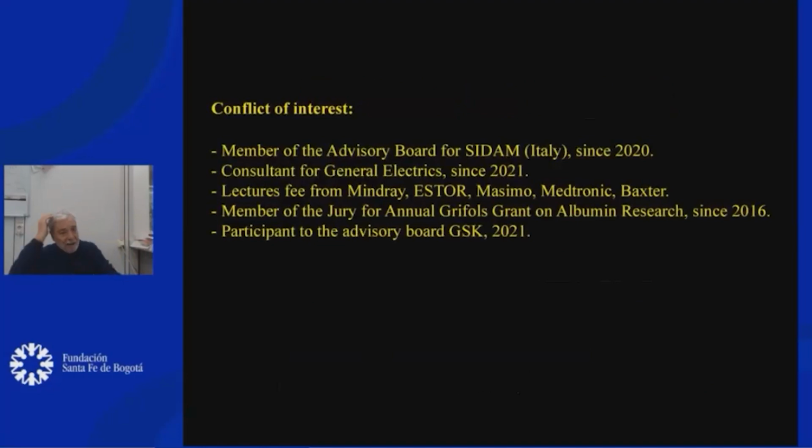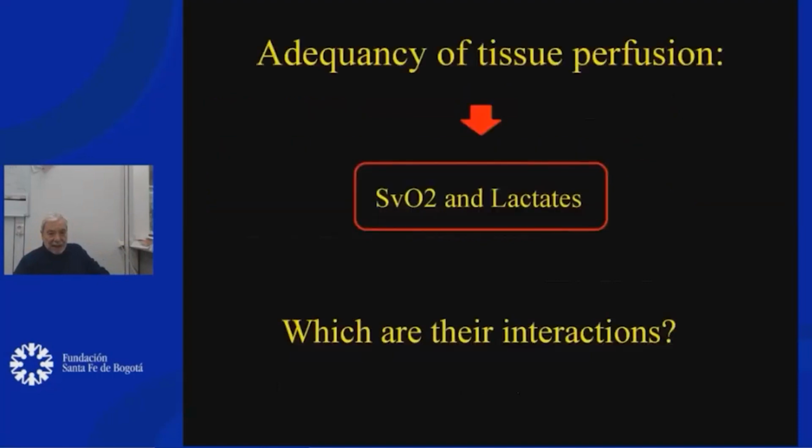Okay, these are my conflicts of interest. And then, let's see, in sepsis, what do we have to provide? We have to provide an adequate tissue perfusion.